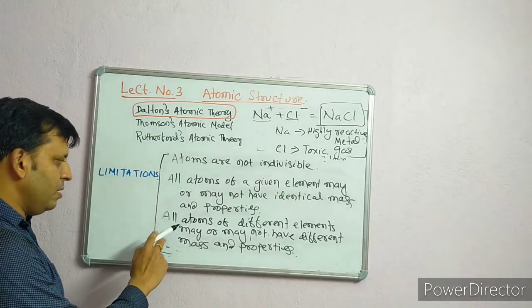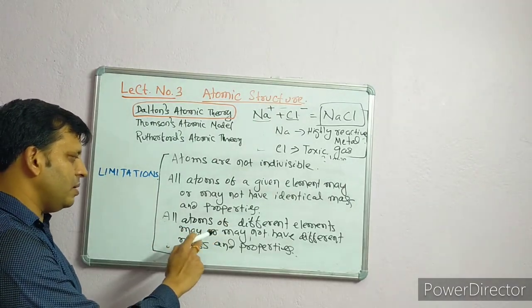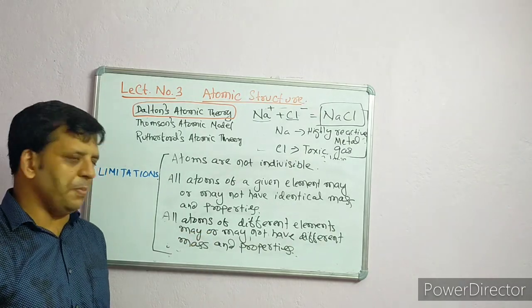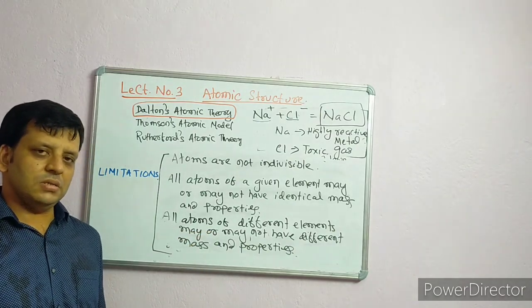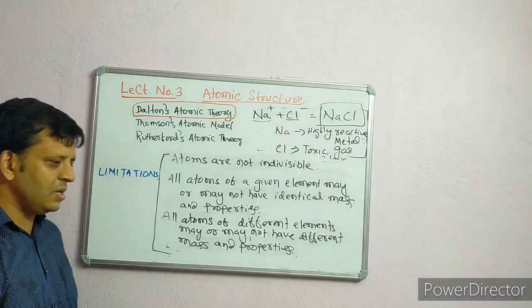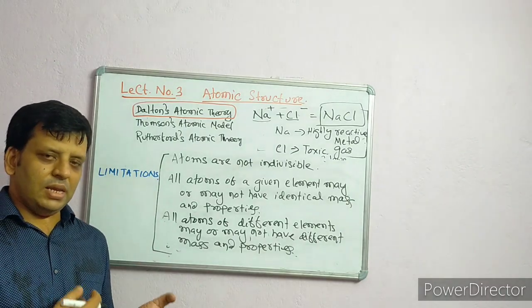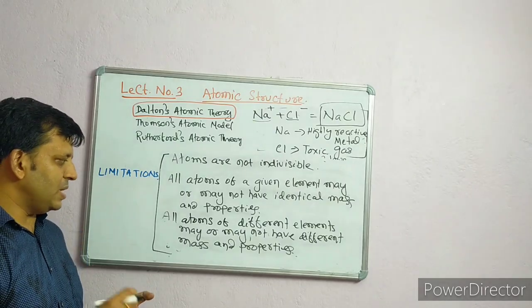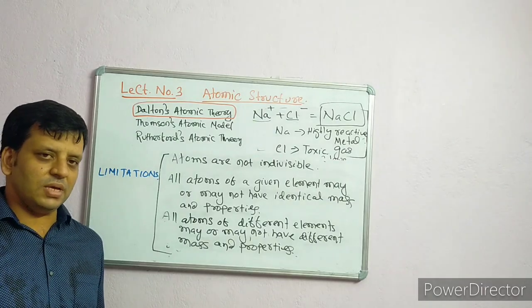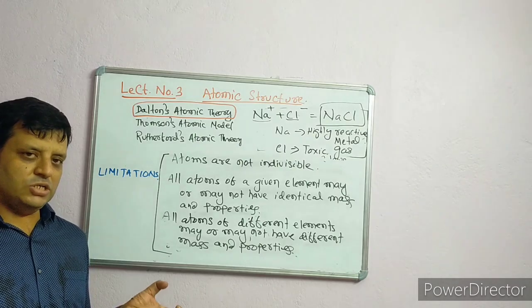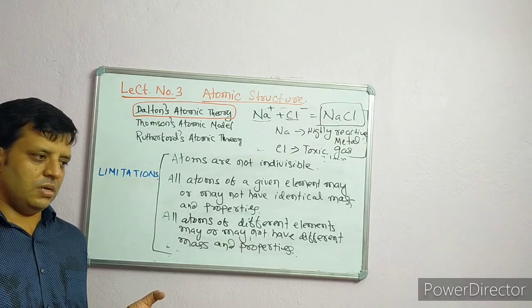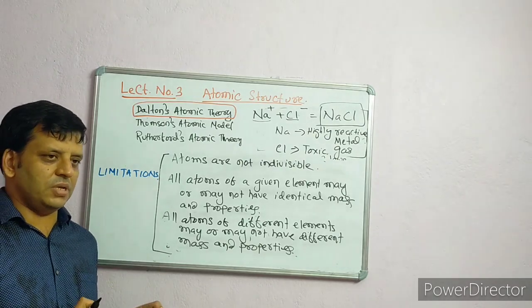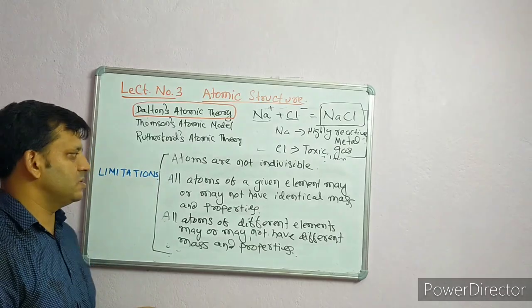Similarly, all atoms of different elements may or may not have different mass and properties. He assumed that when the elements are different, they should have different sets of mass and properties, but that is not the case always, because in isobars we can have the same set of properties for different elements.